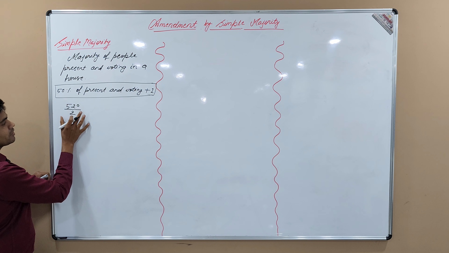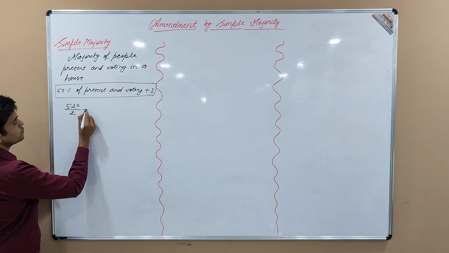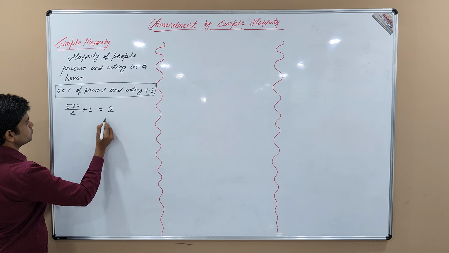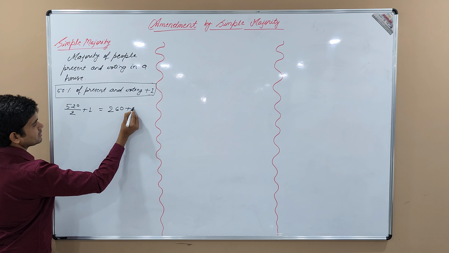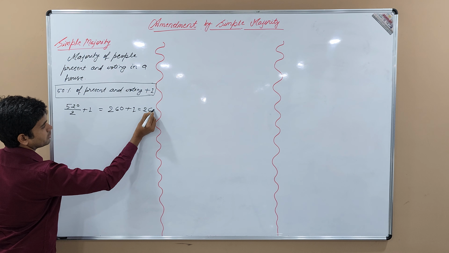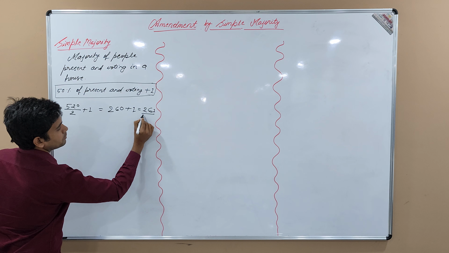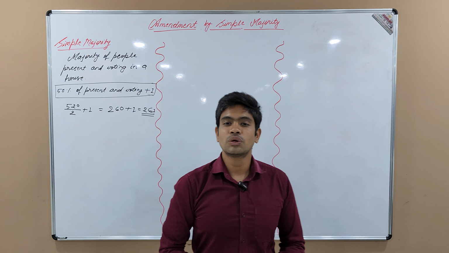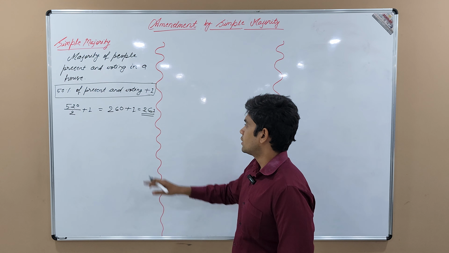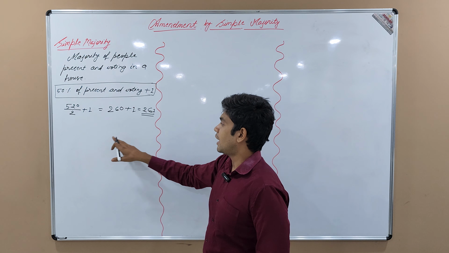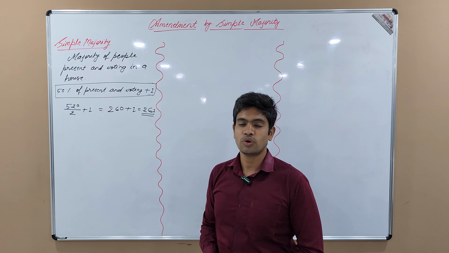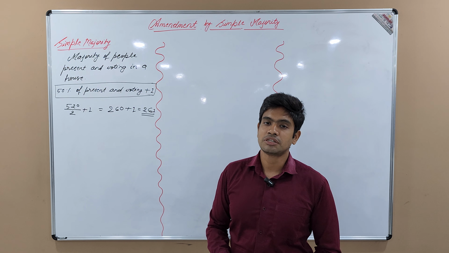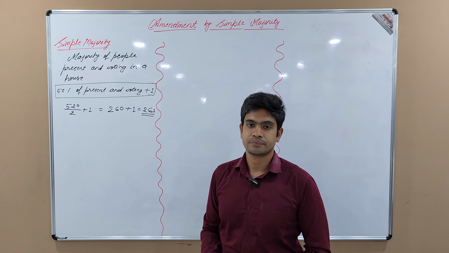It means 520 upon 2 plus 1, which equals 260 plus 1, which is 261. So if any bill acquires the support of 261 people in the house where 520 people are present and voting, then that bill will be deemed to be passed by simple majority.